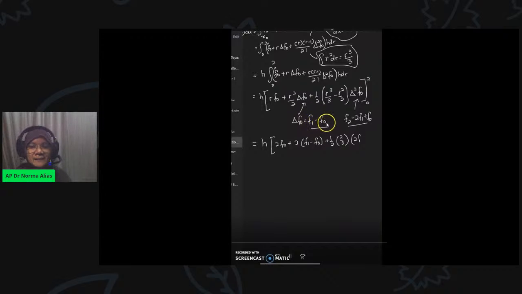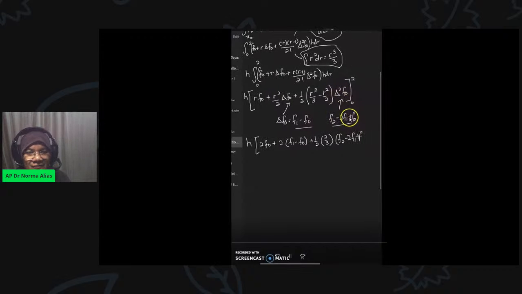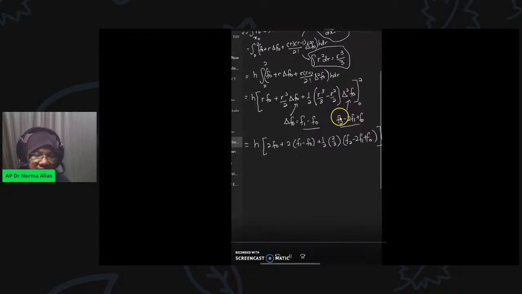And then delta squared f0, which you learned from chapter 5, is f2 minus 2 f1 plus f0. This one you learned from chapter 5, the second order difference.